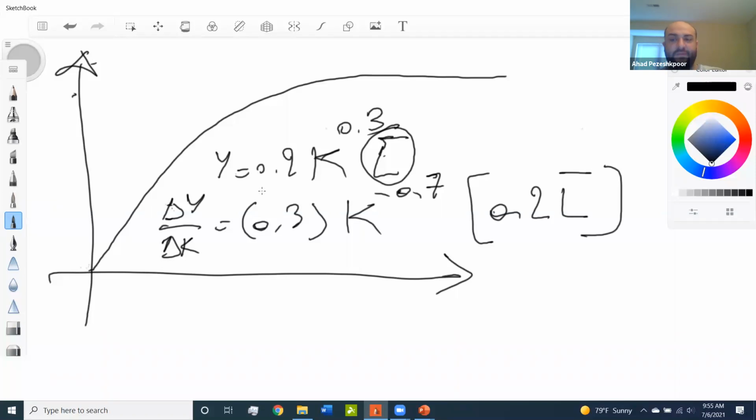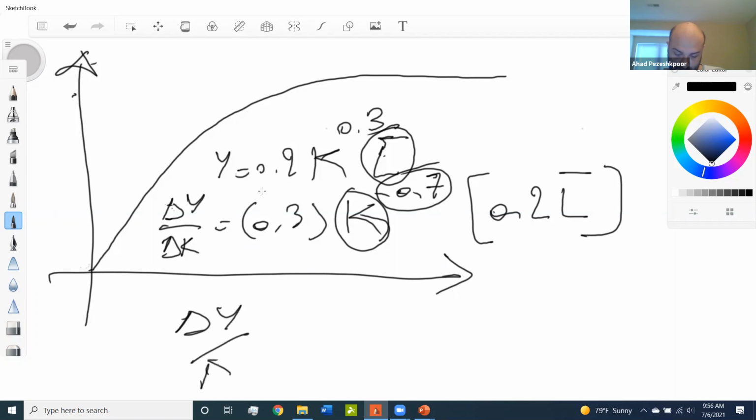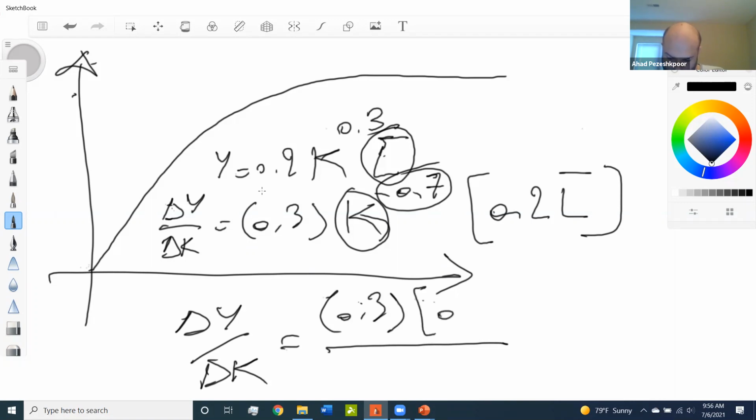So now we have the function of the slope. If you increase this K, this is a negative power. Negative power means K is now in the denominator. In other words, our function is 0.3 multiplied by 0.2 L bar divided by K to the power 0.7.